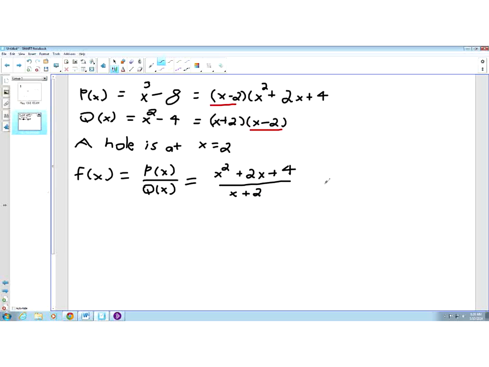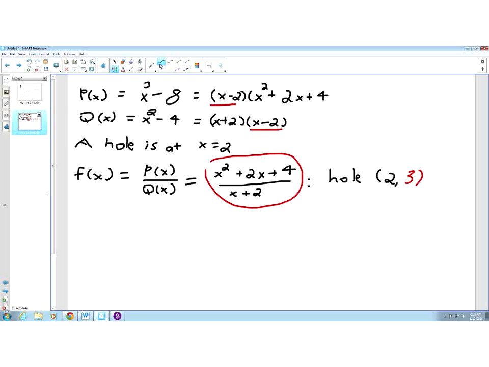So the coordinates of the hole then would be x equals 2, and then we take the 2 and plug it into what's left after the cancellation. So we plug it into this piece right here. When we plug it in, we'll have 4 plus 4, which is 8. 8 plus 4, which is 12. 12 divided by 4, which is 3. Okay, so the coordinates of the hole will be 2, 3, like that. All right. So there's our hole.